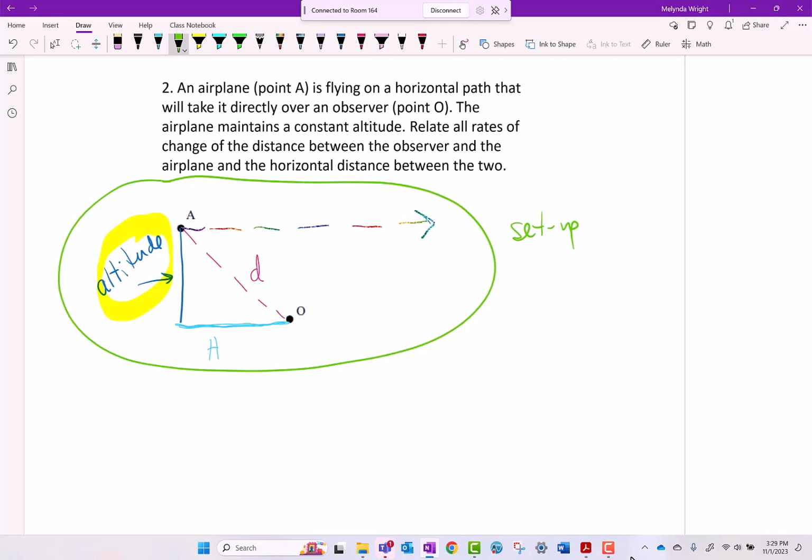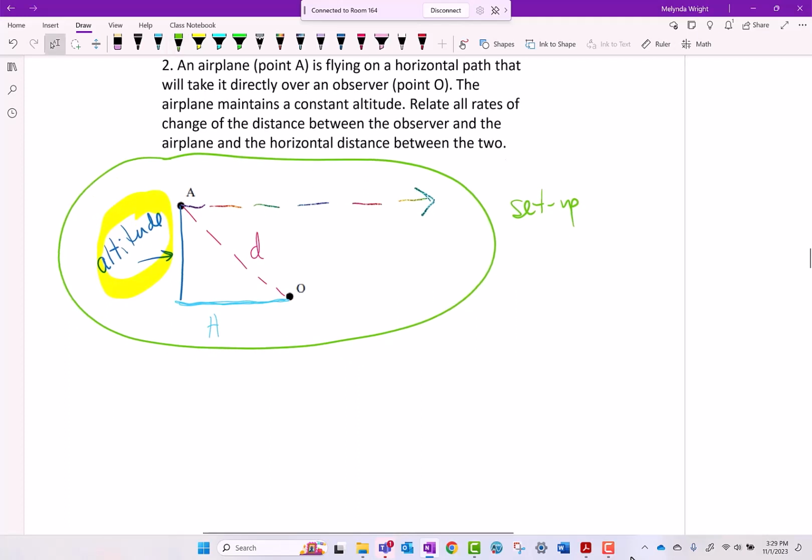Now I've got to go to step 4, which is to find an equation that relates those things together. So I need an equation that relates the altitude, which is some number, and H and D. Notice how I can't put numbers for H and D. Those distances are moving, right? But I can put a number to altitude.